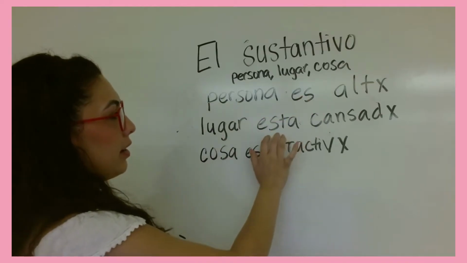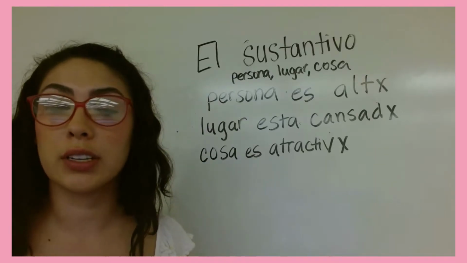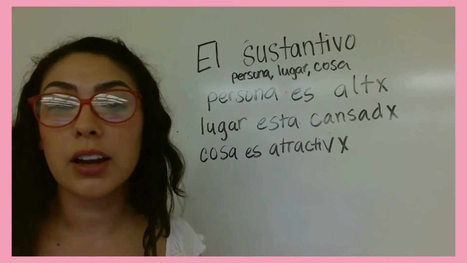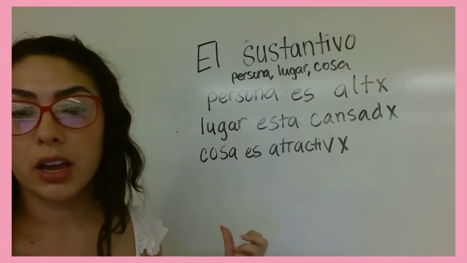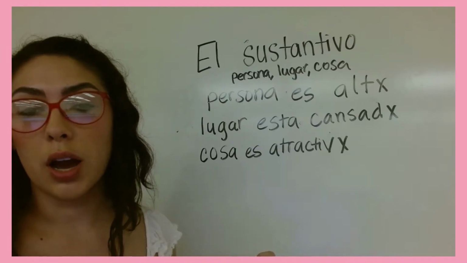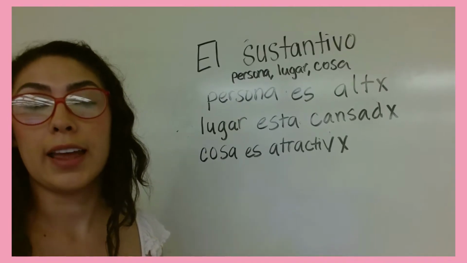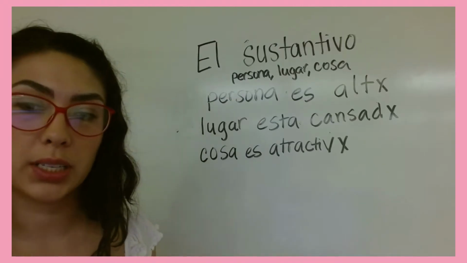So es, está, and es, that is a whole other tutorial that goes into the difference between ser and estar. Basically, estar is to talk about a state of being that is temporary, and ser is to talk about a state of being that is permanent.